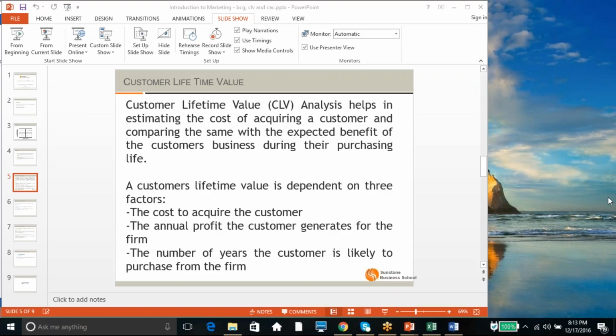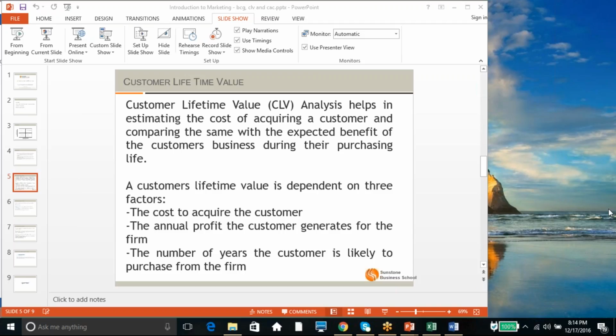So here also, B plus C, annual profit plus number of years. So Ajay, a little correction there. It can't be annual profit plus number of years. They are not the same unit.